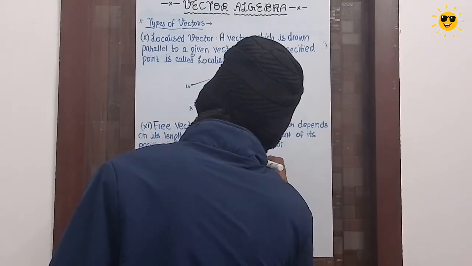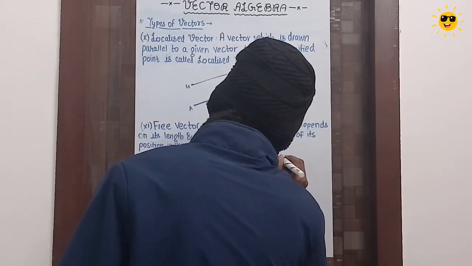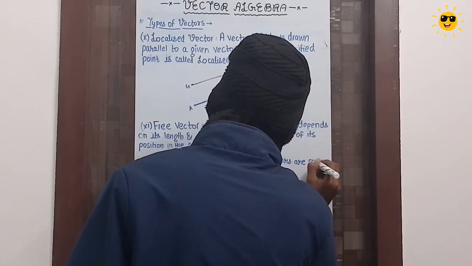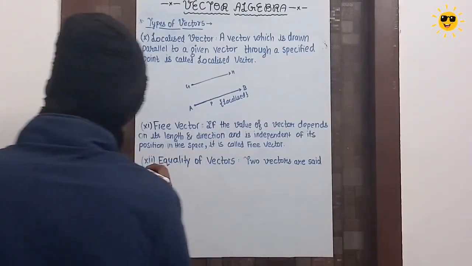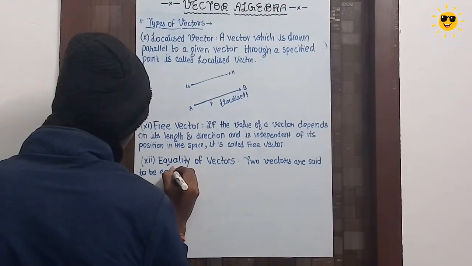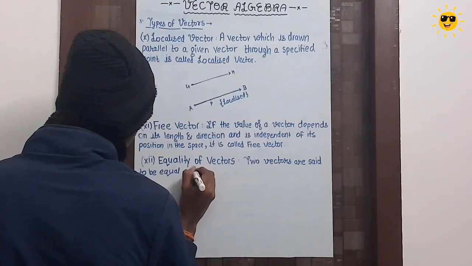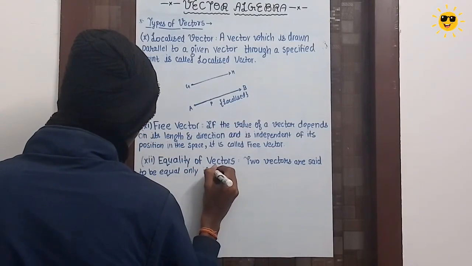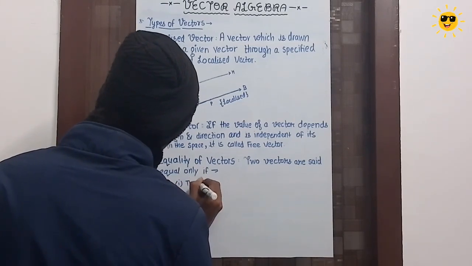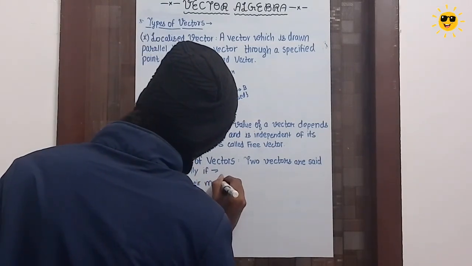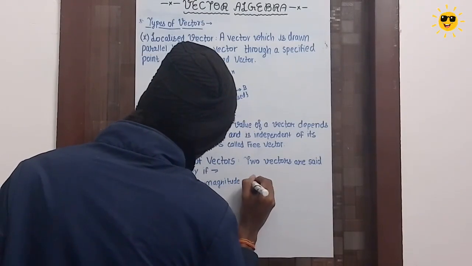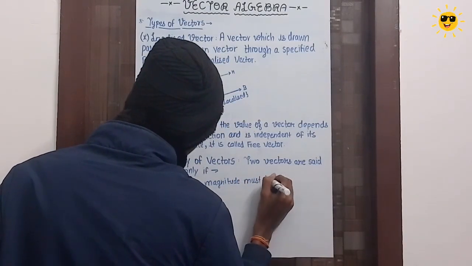Two vectors are said to be equal only if there are three scenarios. First, their magnitude must be equal.